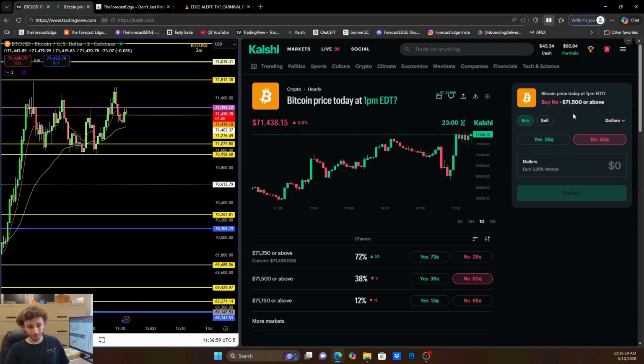And right now, there's a 37 cent yes and 70 cent no. This is how you follow these models. You can also think of this, instead of 37 cents, as a 37% chance that it will be above 71,500 at 1 p.m. Eastern Standard Time, with 22 minutes left in this contract.